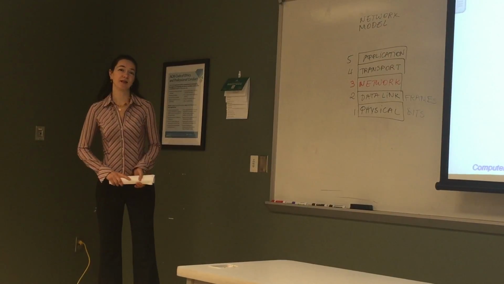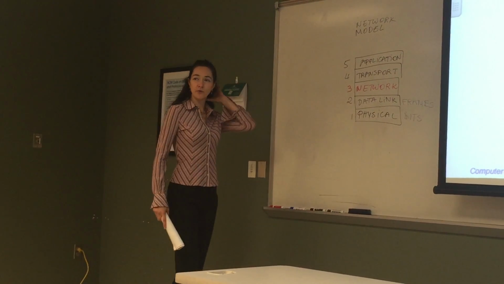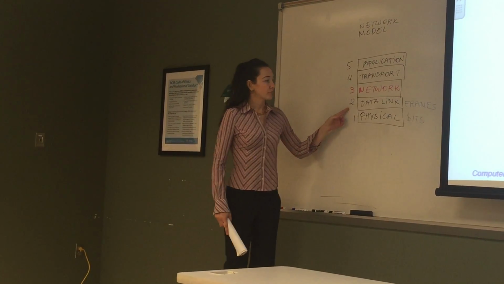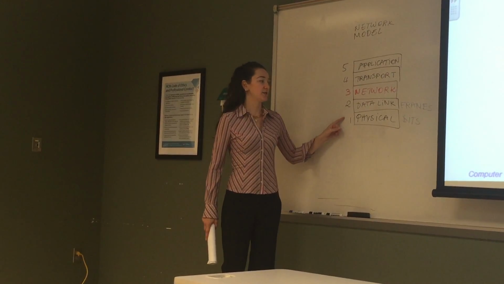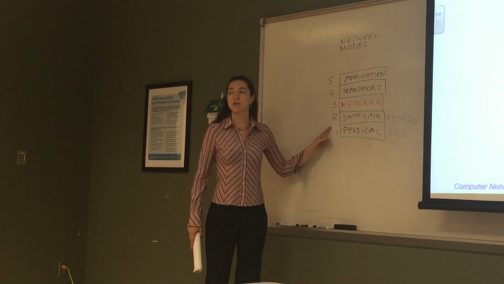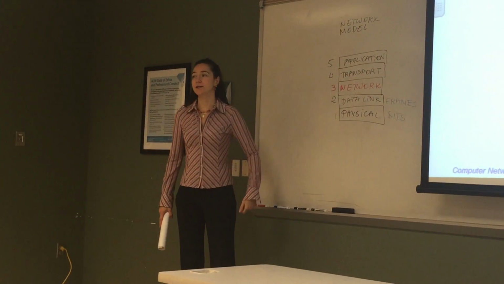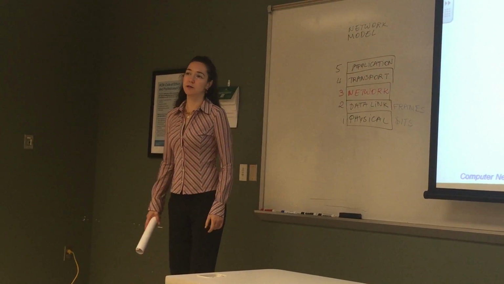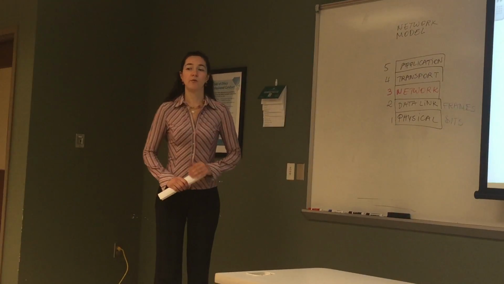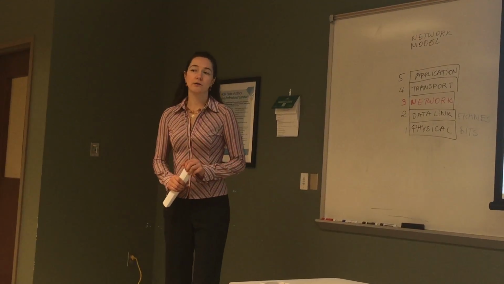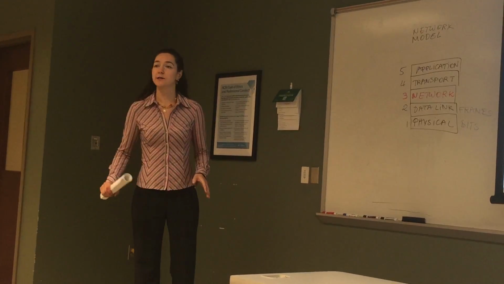Okay, so that's an excellent observation. So the condition here was that we can exchange data between two adjacent computers, which means the computers are directly connected to each other with a wire or wireless, and they are in range.